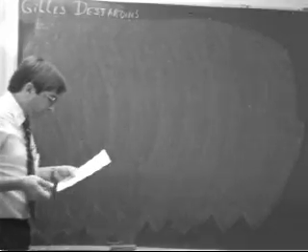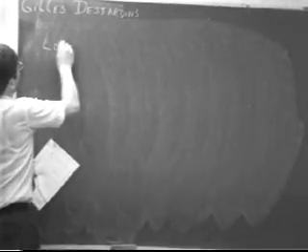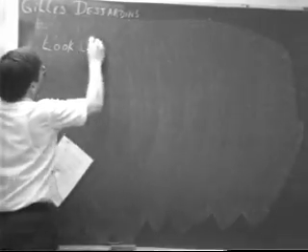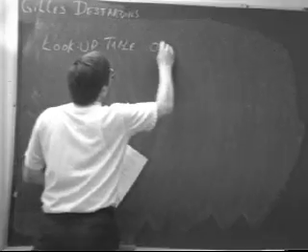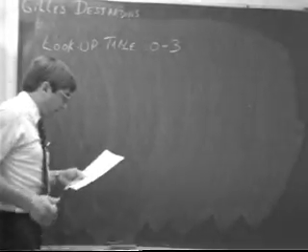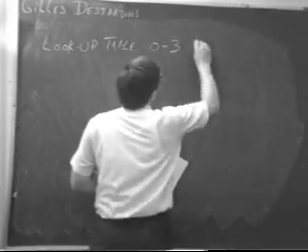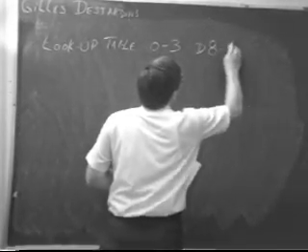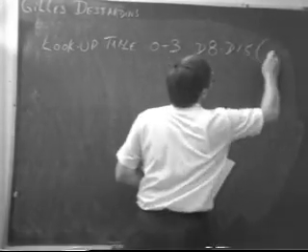So for lookup table 0 to 3, which is the RAMs, we will have 8 bits, which is D8 to D15, a total of 8 bits.